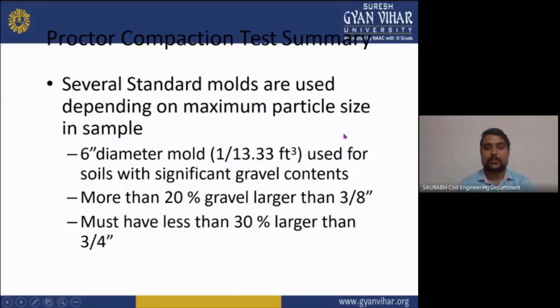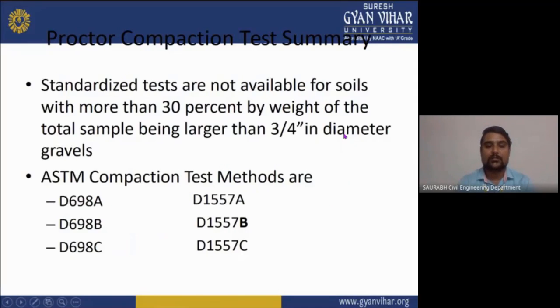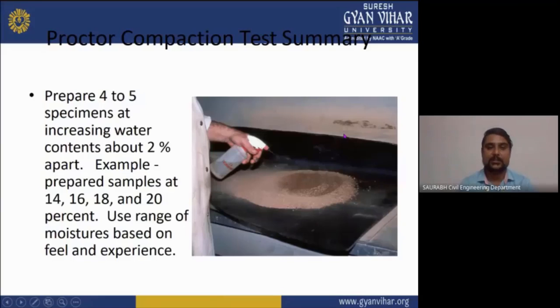Several standard molds are used for the compaction of a soil. Standardized tests are not available for soil with more than 30% by weight of the total sample being larger than 3/4 inch diameter gravel. ASTM compaction test methods are also given here. There are six methods of ASTM compaction test.